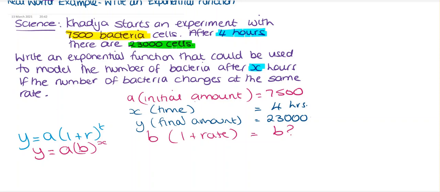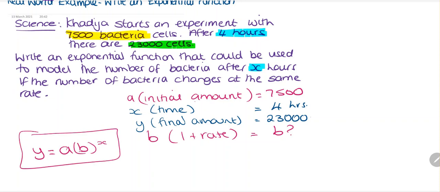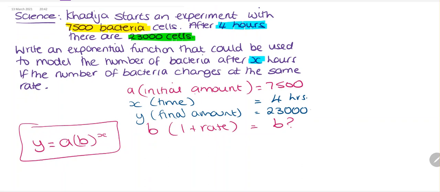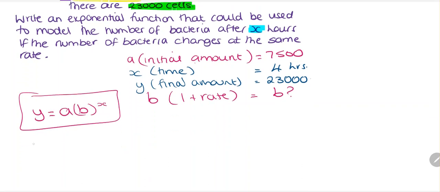So I'm just going to delete this one because we're not using this. So we're looking at this form. So the final amount, 23,000. So let's just move this up. 23,000 equals A, the initial amount, 7,500, multiplied by B, which we don't know.